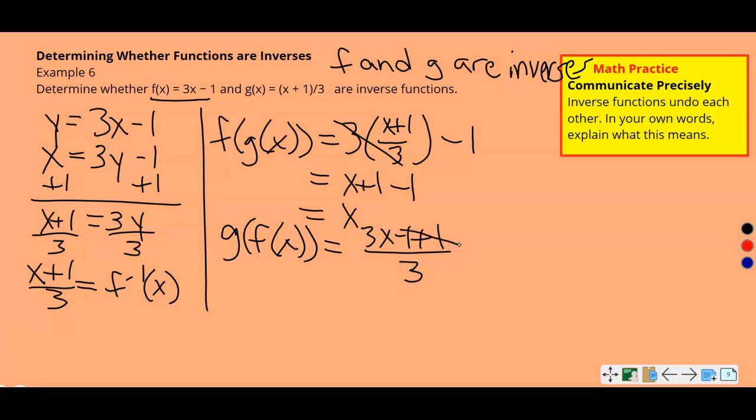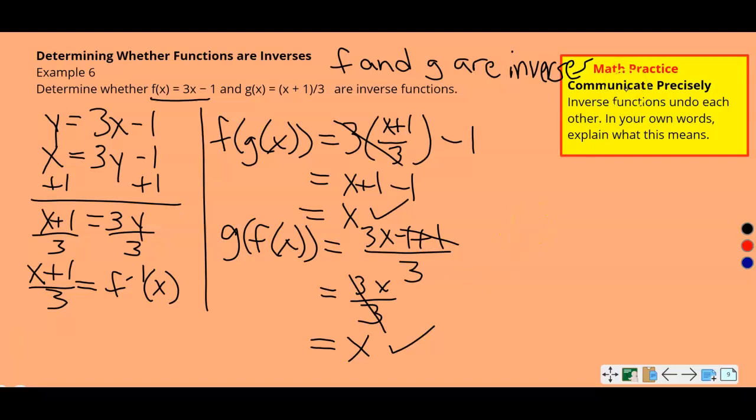The 1's are going to cancel, and then our 3's will divide out. So we've got 3x divided by 3, and that leaves x. You can see that this gives us x and this gives us x. So the composition of functions also shows us that f and g are inverses of each other.